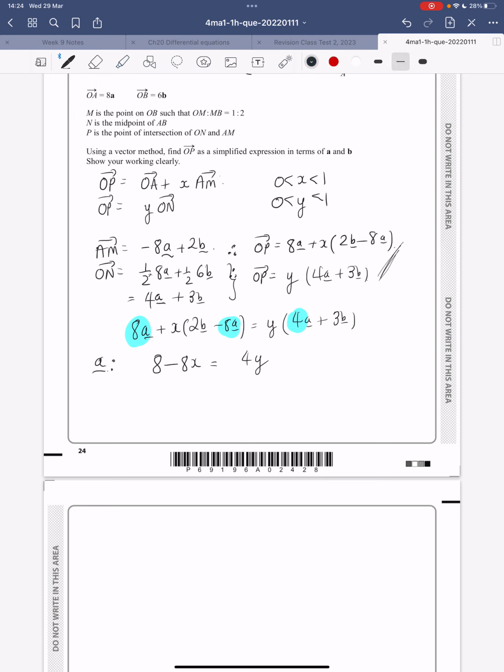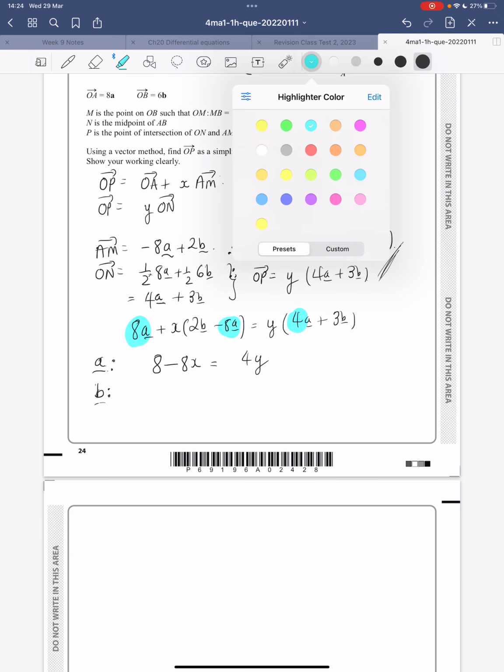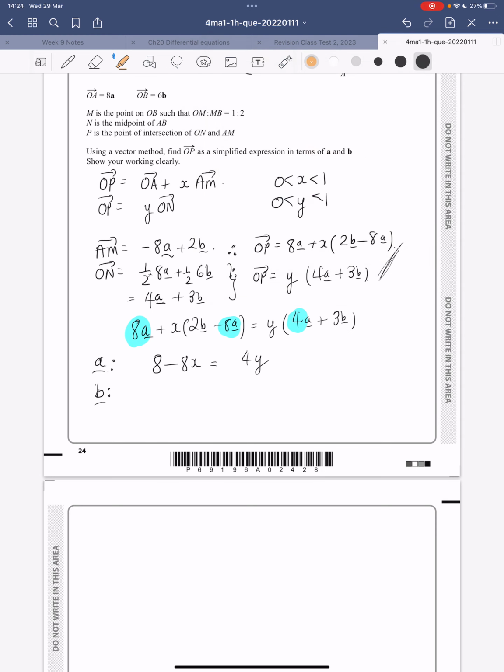And then if we look at the B's, let's have another colour. We've got 2Bx there, so we want 2x, we're just looking at the coefficients, so it's 2x there, and over here 3B y, so that is equal to 3y.